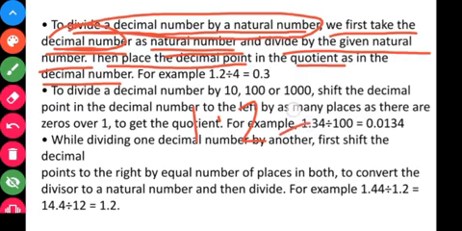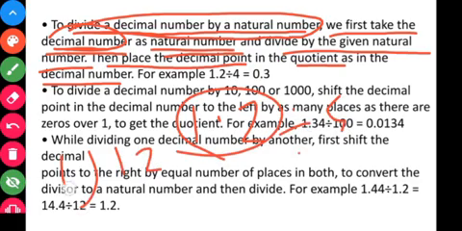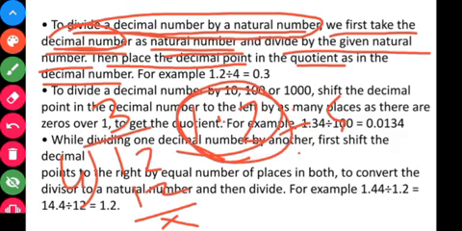For example, 1.2 is divided by 4. For this, first we divide it like a natural number. So 12 is divided by 4. So 4 3s are 12. Okay, so here it is given 1.2, the decimal point is at one place.